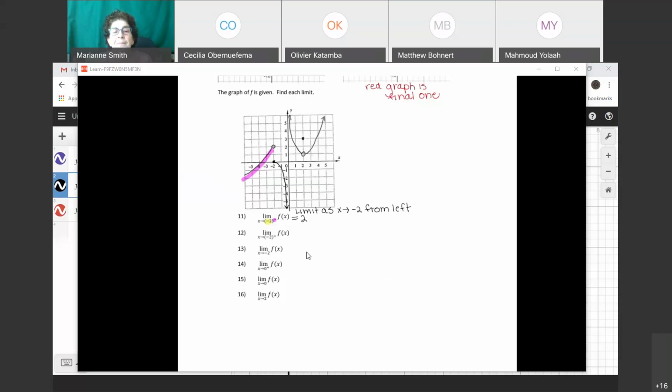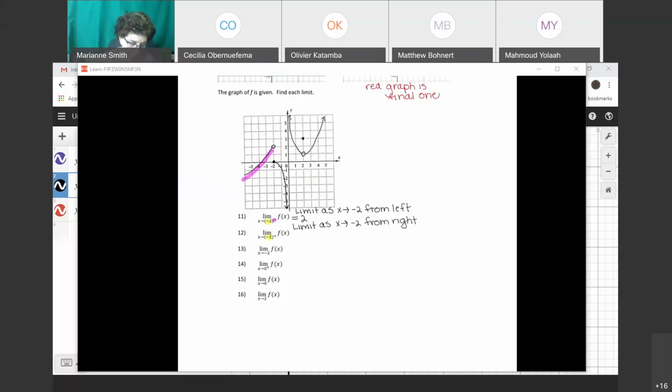This next question is asking you for the limit as x approaches -2 from the right. Again, if you take a look at the notation, the -2 is your x value, and the plus sign now says you're approaching it from the other side. Let me switch colors so we don't get confused.